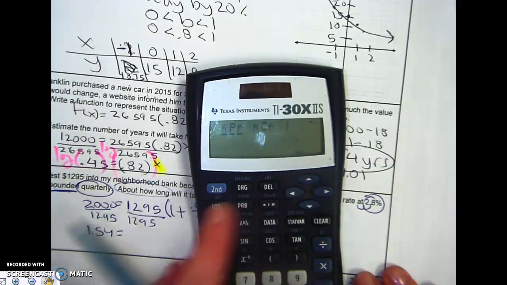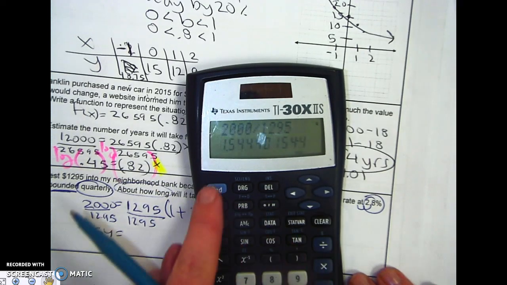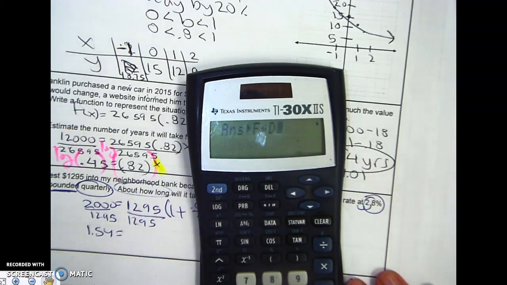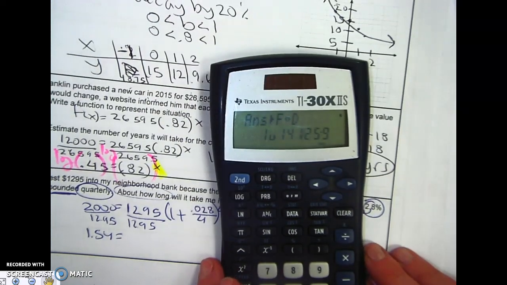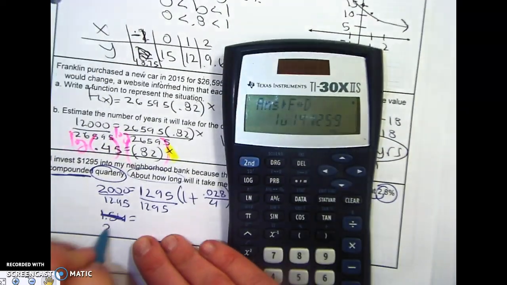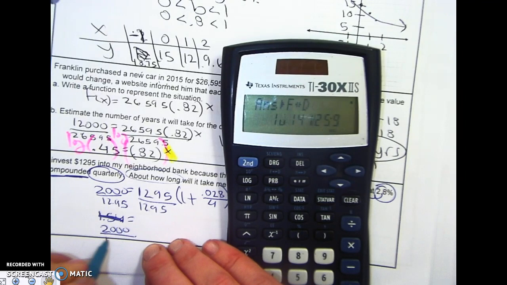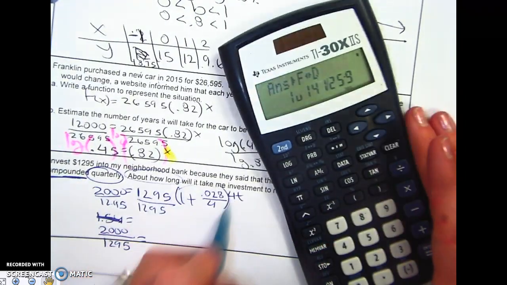So second PRB, that didn't work. Okay, second PRB turns it to a fraction, and that doesn't really look right, so I'll just leave it 2,000 over 12.95. So 2,000, this is kind of a mean one, over 12.95 equals. And then I'm going to simplify this.